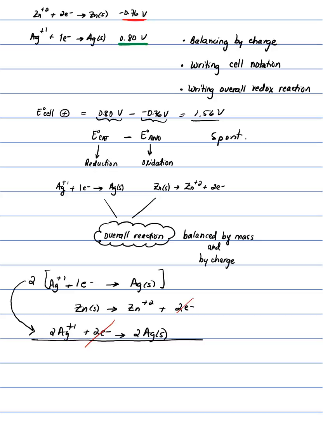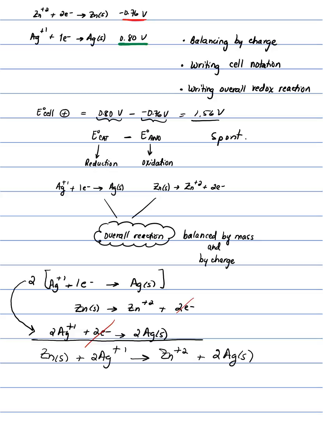So now we can add the reactions because your electrons are canceled out. That will give you zinc solid here plus 2 silver plus 1 going to zinc plus 2 plus 2 silver solid.